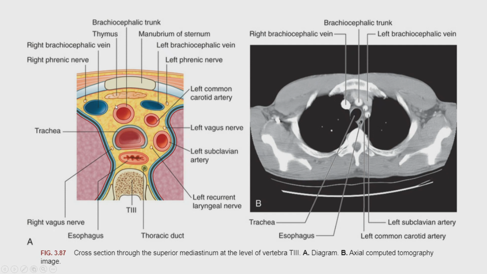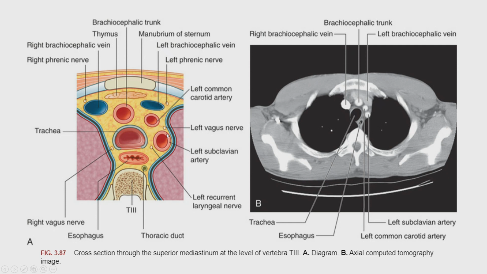As you see, between the thymus, venous layer, arterial layer, and bronchial layer, and of course behind the trachea is the esophagus, we have some nerves. One is the right phrenic nerve and left phrenic nerve, which are in very close proximity to the venous system, on the right side continuing with the superior vena cava, and on the left side with the brachiocephalic vein.